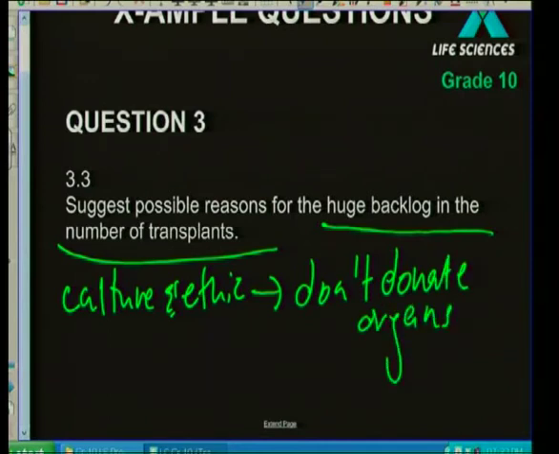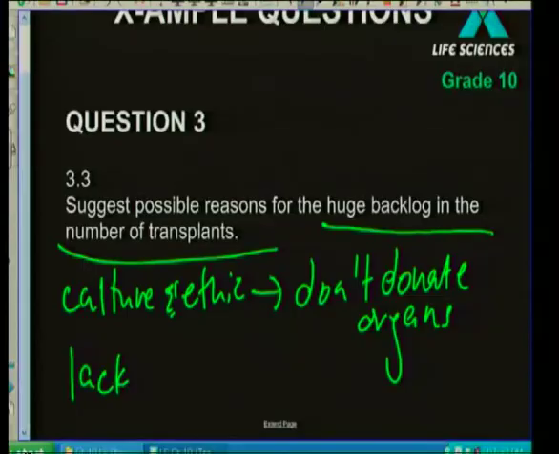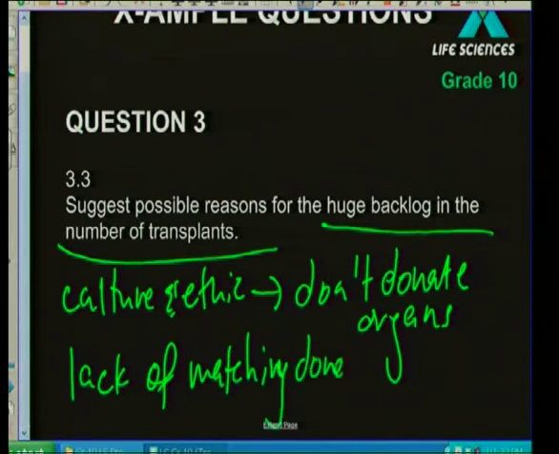So there's a shortage already because there's not enough donors. Secondly, there will be a problem because of lack of matching a donor to the recipient. So we have those two problems there.